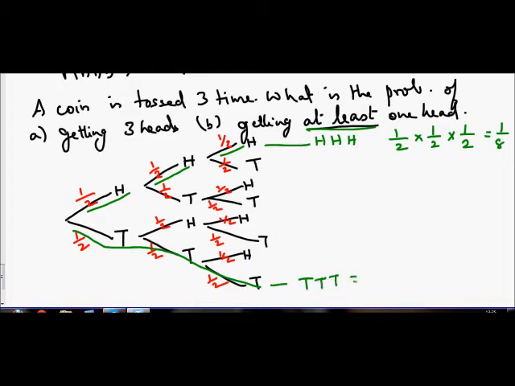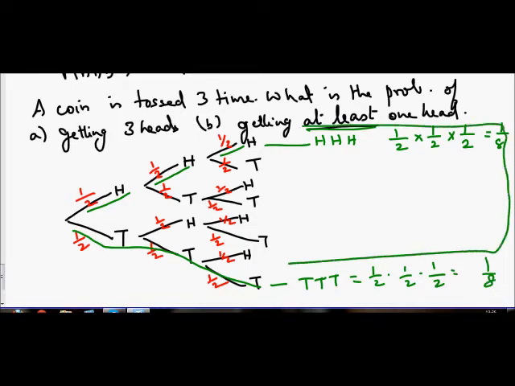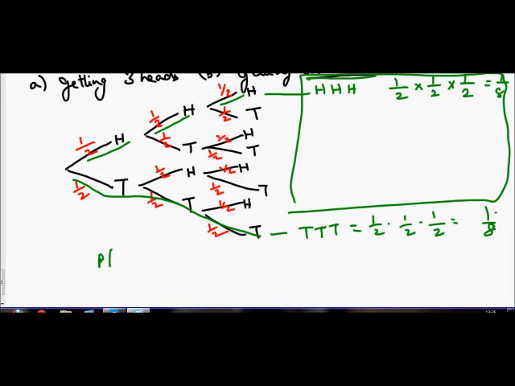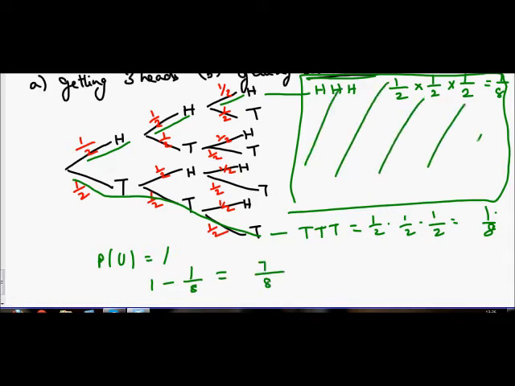T T T, which is half half half, which is 1/8 again. So you are going to collect all these probabilities except 1 over 8. We know that the total probability is always equal to 1. So you just need to subtract 1 minus 1 over 8 to get the required rest of the probability here. So it's 7 over 8.